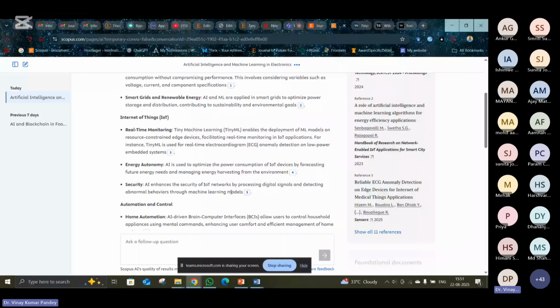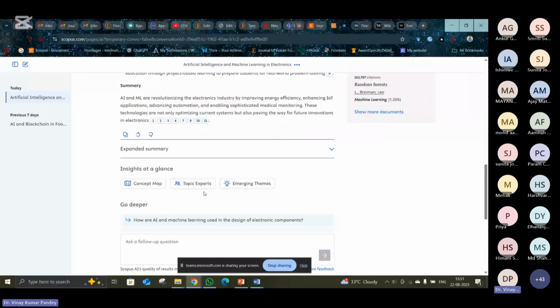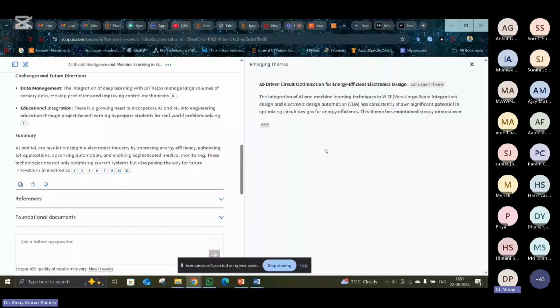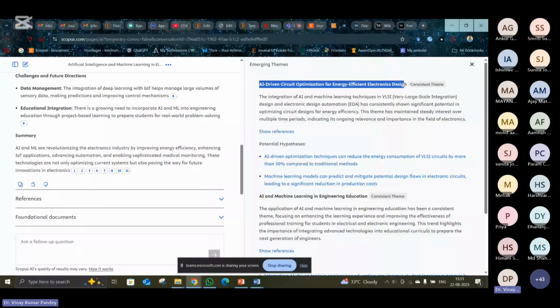Now, below this, you can find the emerging themes. So these are the emerging themes about AI and ML in electronics. See, AI-driven, it has given some title. Consistent theme, it is a theme. Now you can start preparing your outline about this particular topic.